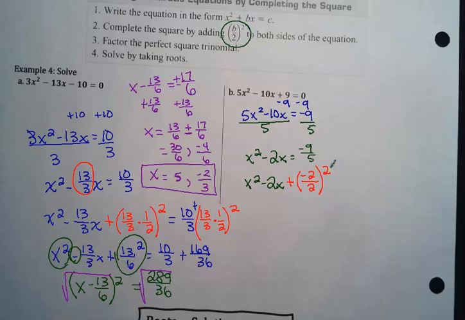Sorry, I'm forgetting to change my colors back. Okay, so that leaves us with x squared minus 2x plus negative 1 squared.